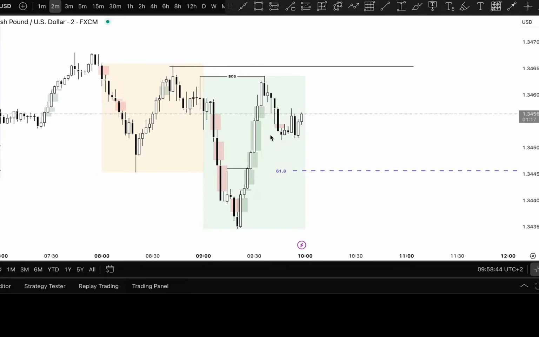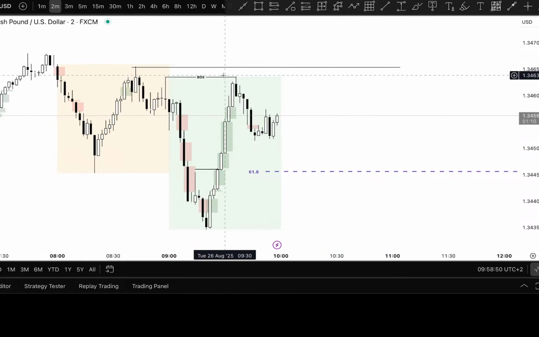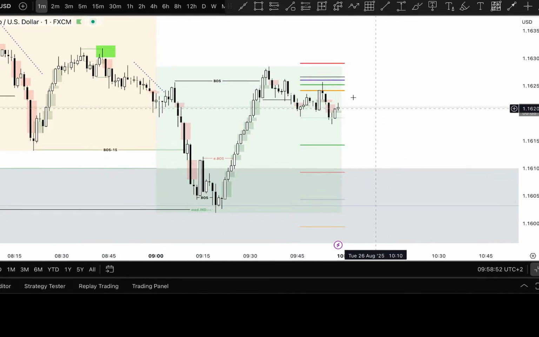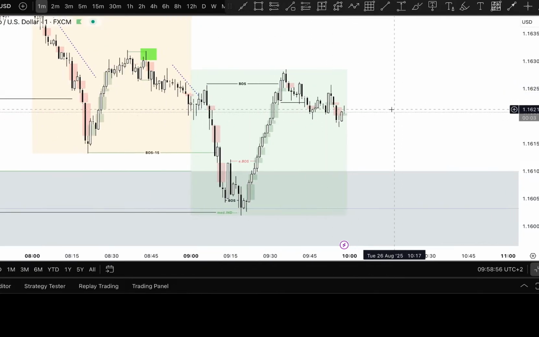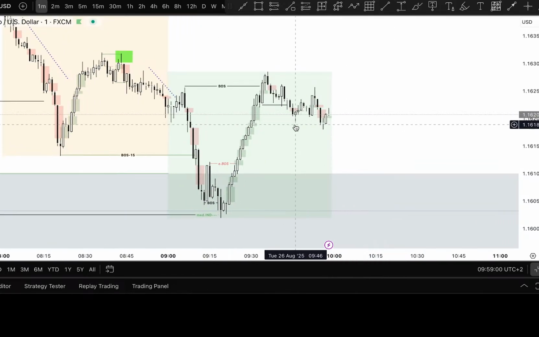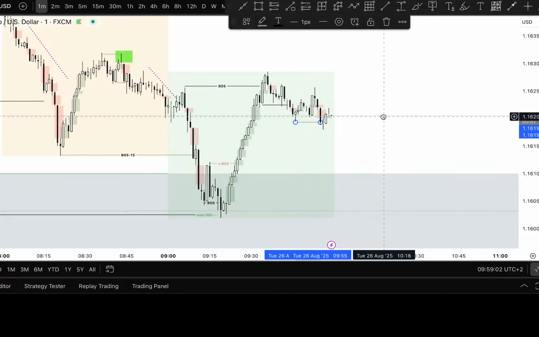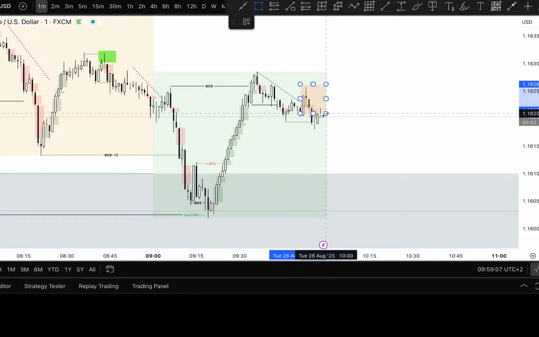Yeah, we'll see what's happening here. Here we could say that the sellers are invited for a sell. It has made a small inducement to the downside.